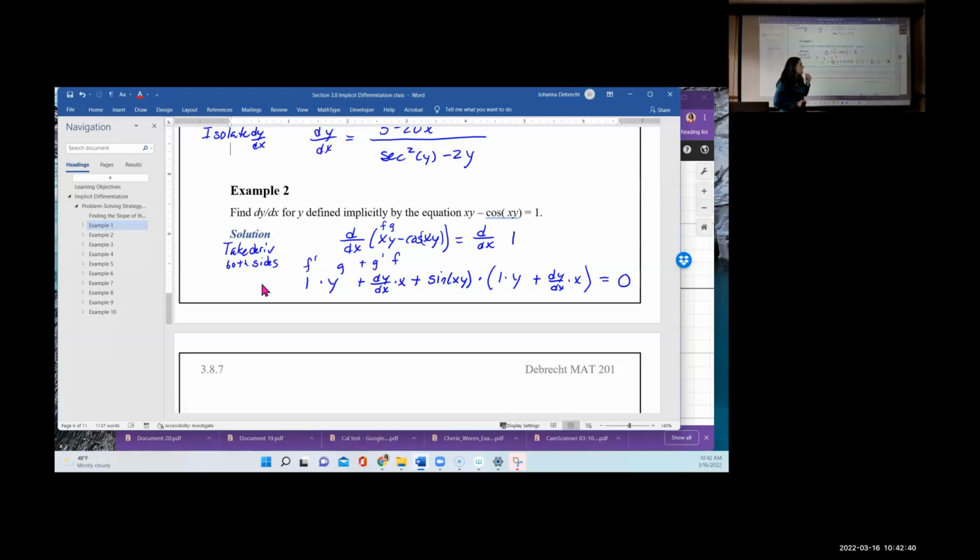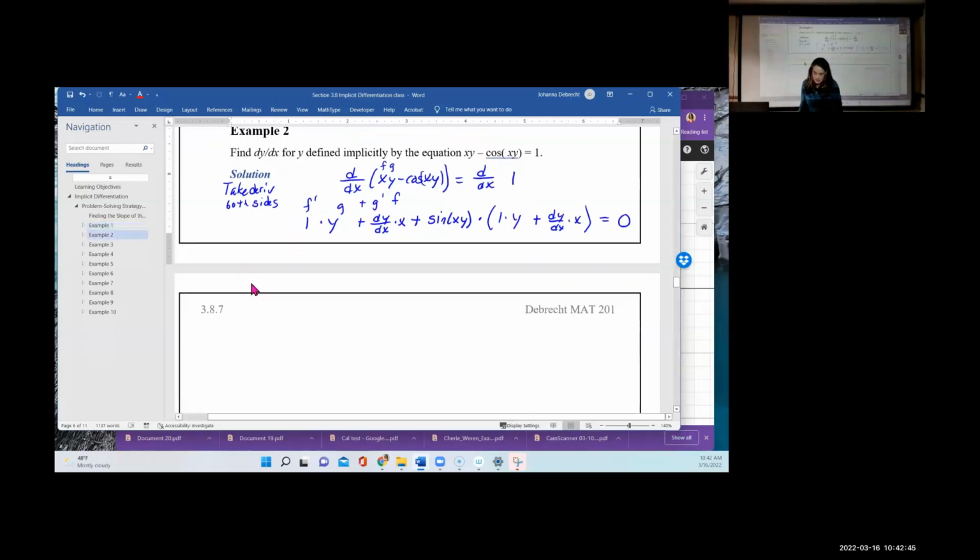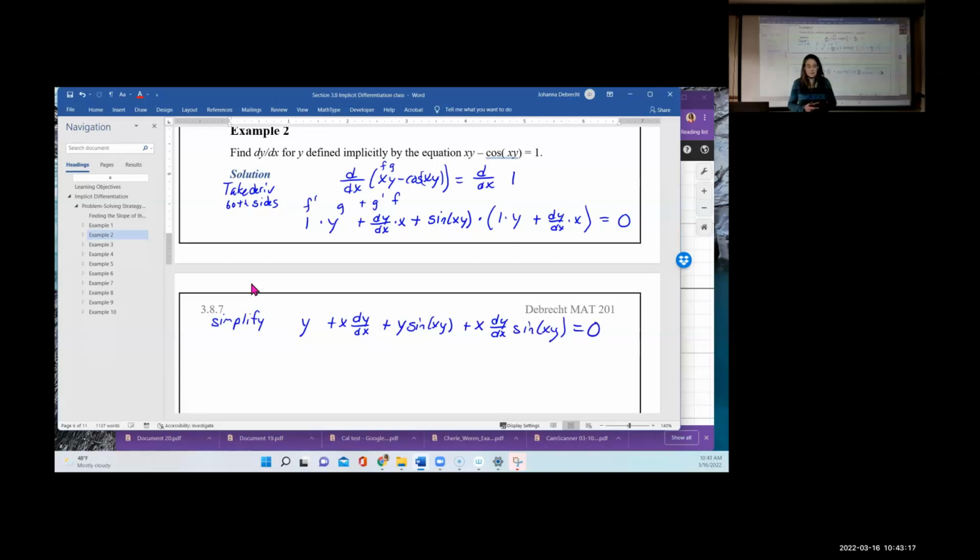Okay. Now I need to isolate these dy/dx's somehow. So the first thing I need to do before I do anything else is simplify this and get some of those out of parentheses. So I have y by itself plus x dy/dx plus y sine of xy plus x dy/dx sine of xy equals 0.